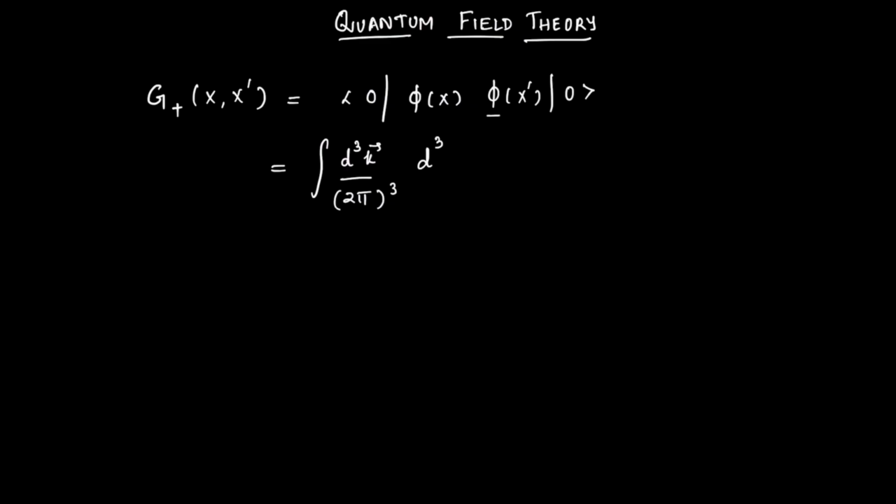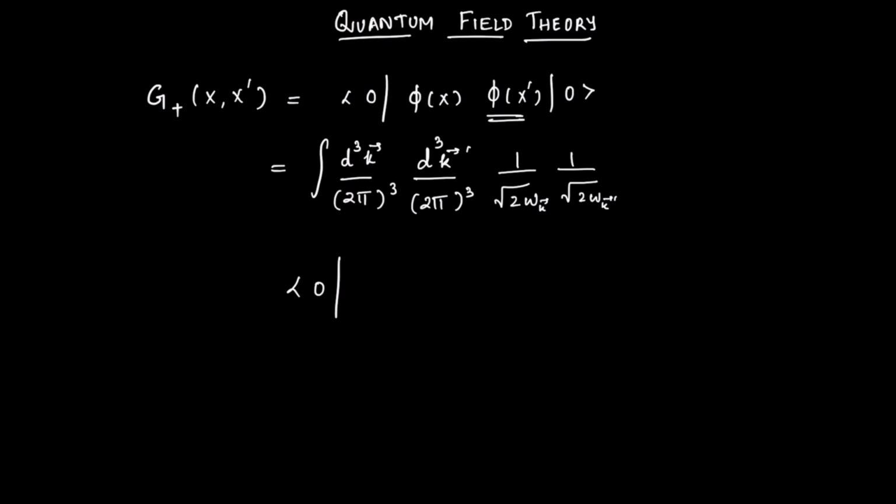Then for phi of x prime, I have to write d cube k prime by 2 pi cube, 1 by root of 2 omega k, then 1 by root of 2 omega k prime. Then I have the correlation.